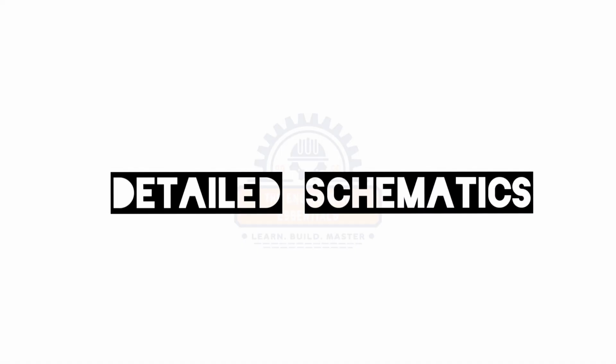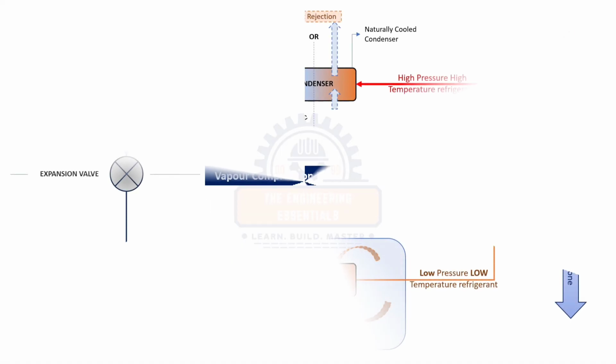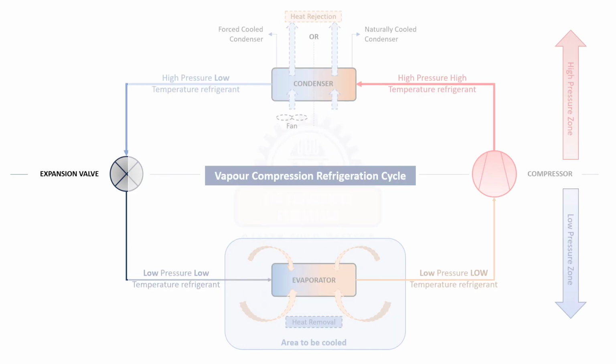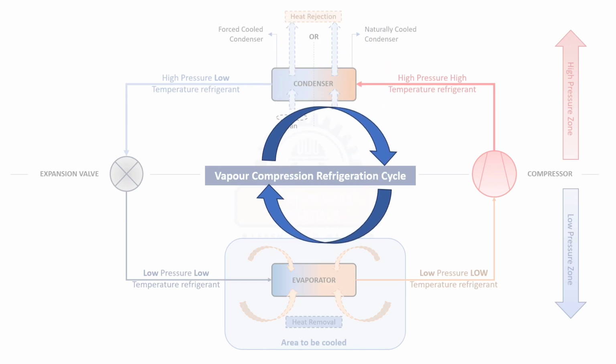So that completes all the processes, and here you can see a detailed schematic of our system on your screen. This cycle repeats in a loop and gives us the continuous cooling effect. So here we complete our basic refrigeration VCRS cycle.